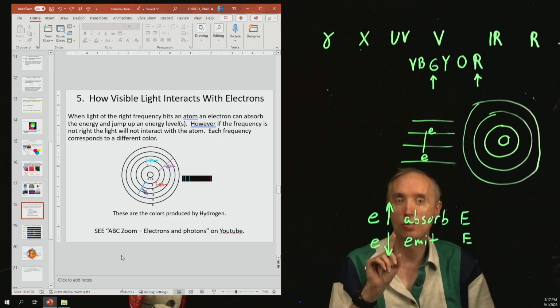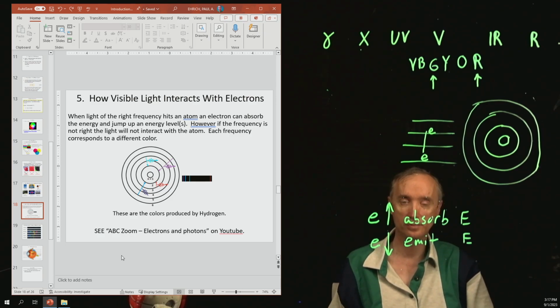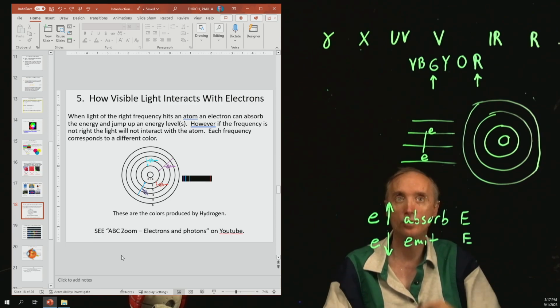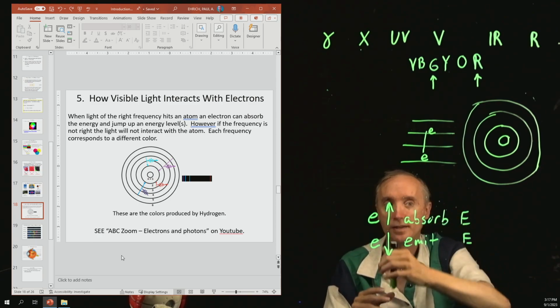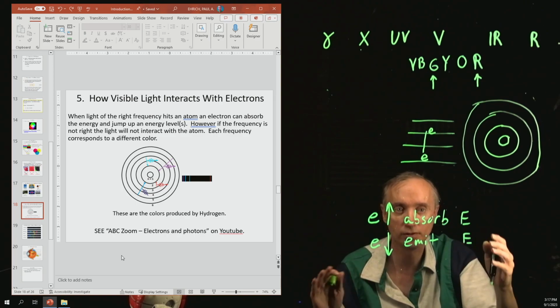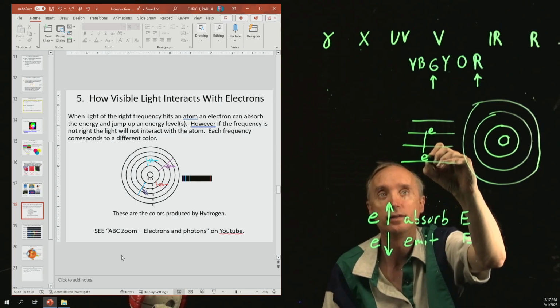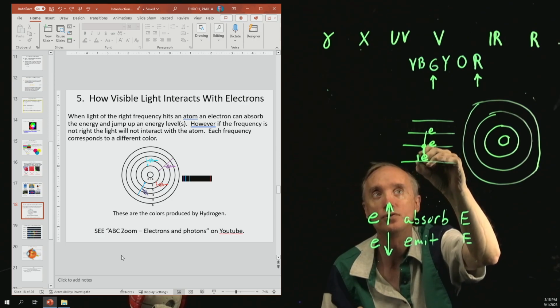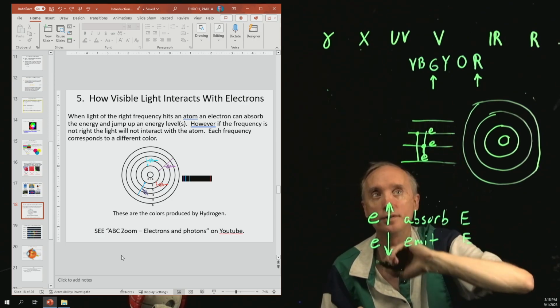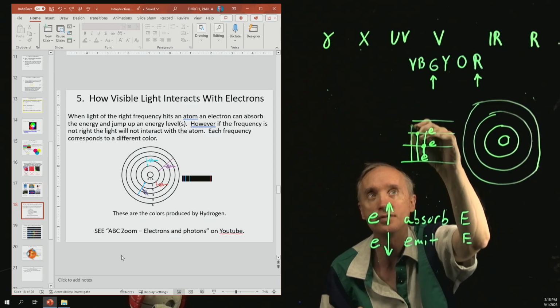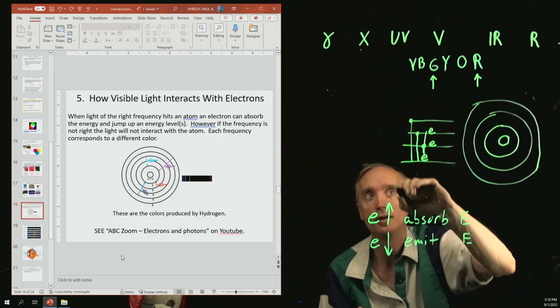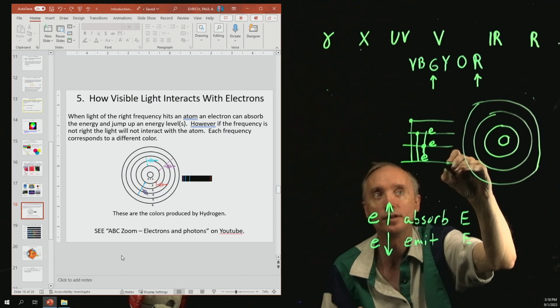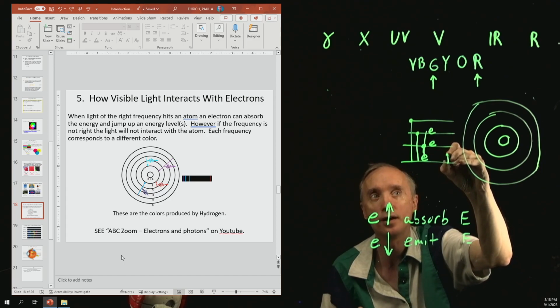Now, one of the critical things from quantum mechanics is that when these electrons jump, they have to follow strict rules. This electron could jump to this level if it wants, and it can jump to this level if it wants, and it can jump to this level if it wants, but absolutely positively no, can it jump to right there.